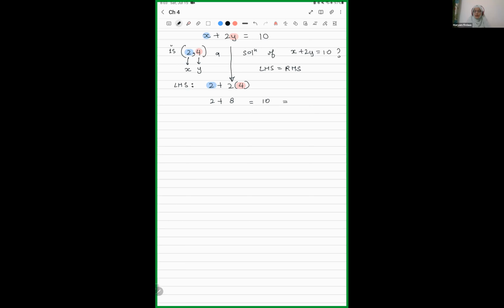And this is equal to our RHS. Yes. So LHS is equal to RHS. That means x plus 2y is equal to 10, so 2 comma 4 is a solution of the equation.